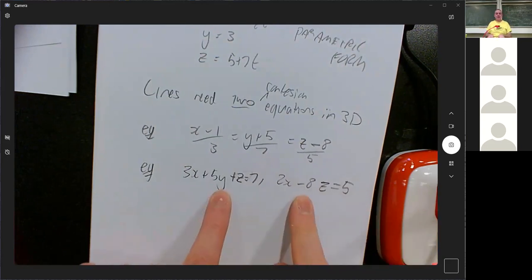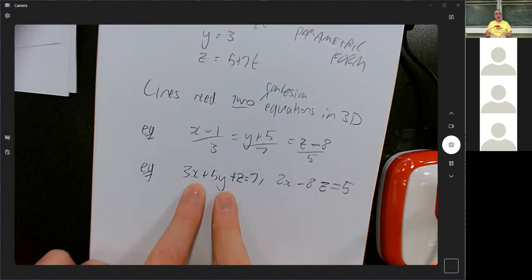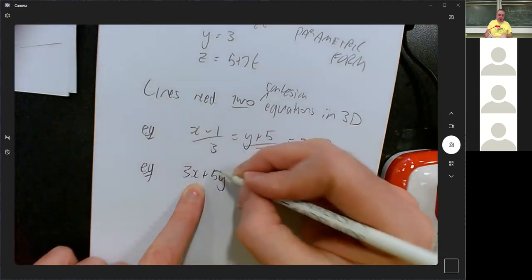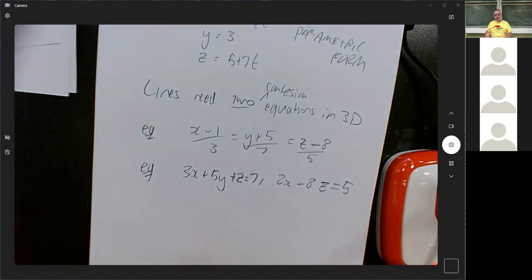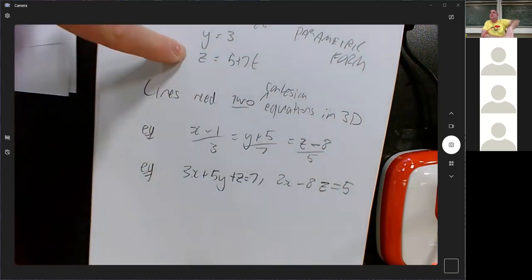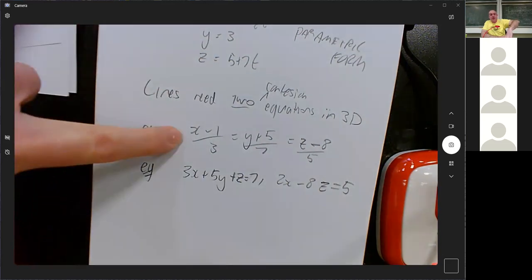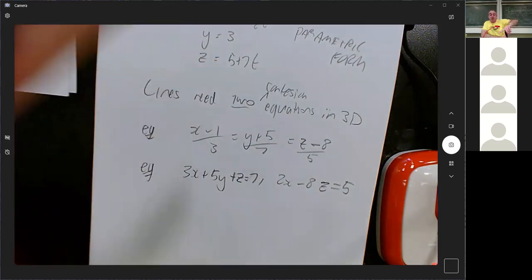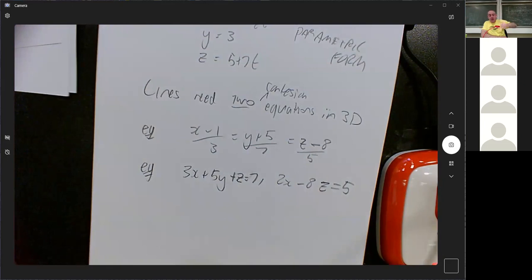You could also define it as two completely separate equations, one with x, y, and or z, and another one with x, y, and or z equals a number. That would also define a line. That's a perfectly reasonable way of defining a line. It's just that this one is the easiest to turn into this. And so if your lecturers want you to convert from Cartesian to parametric, they'll only give you this one.